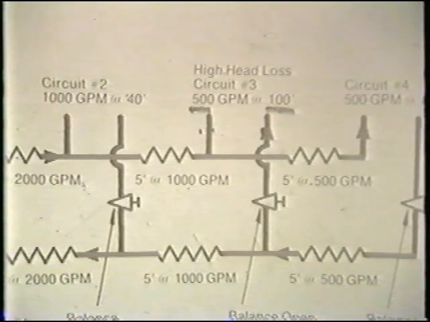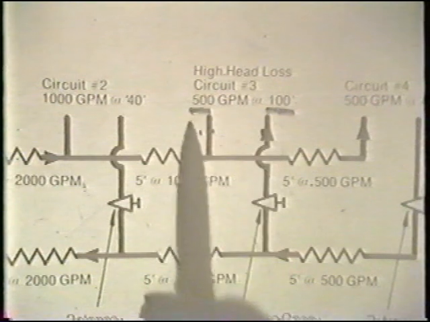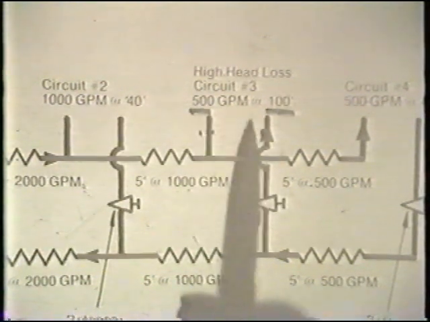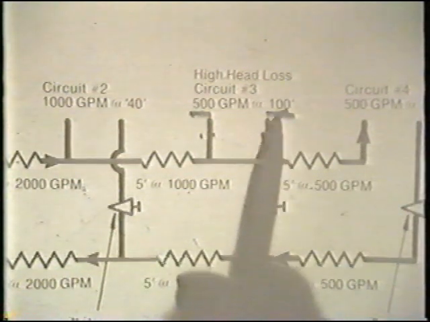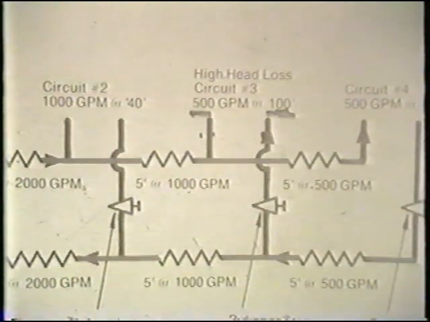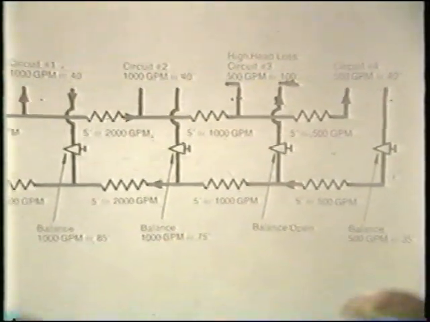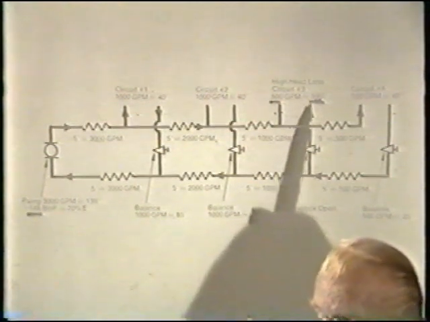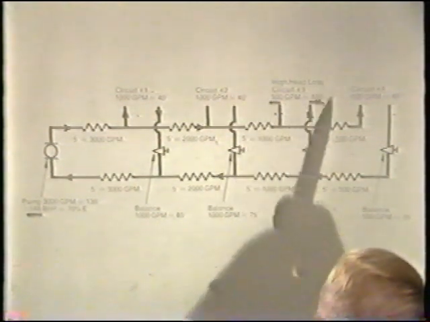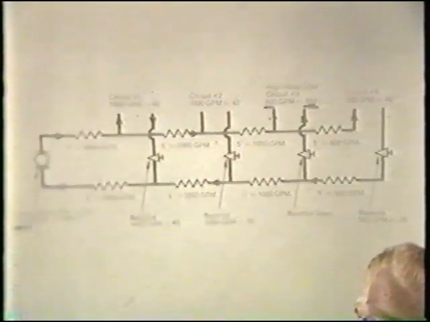Now, we can take that single zone and separately pump it. And if we separately pump it, we can remove the 100 feet of head requirement from the major pump in the equipment room and substitute the smaller pump for that high head loss circuit.